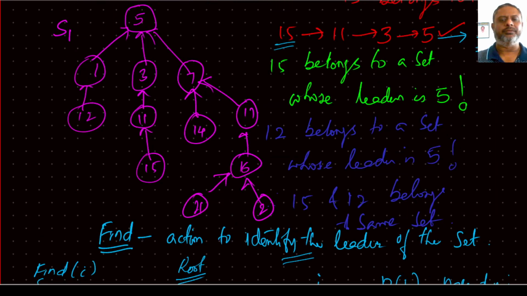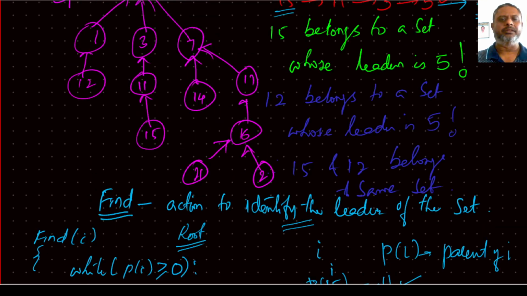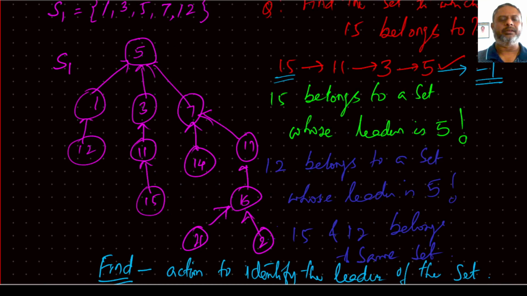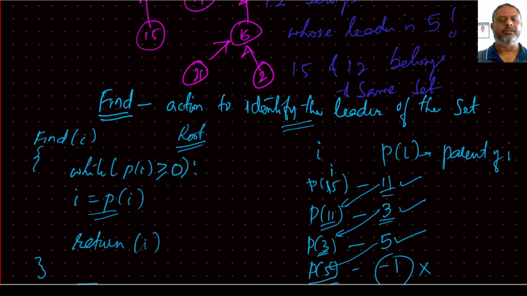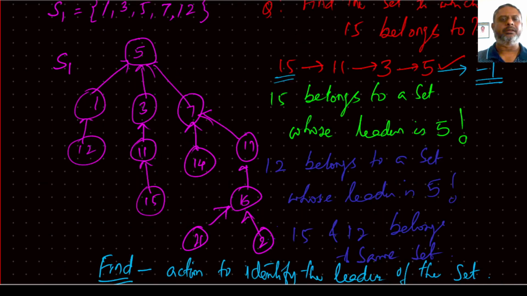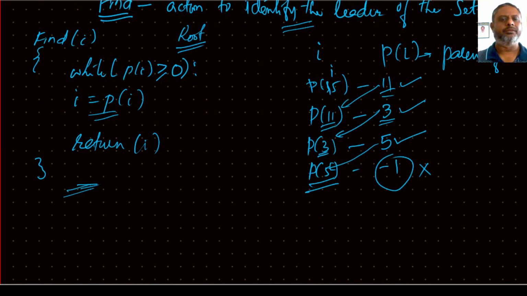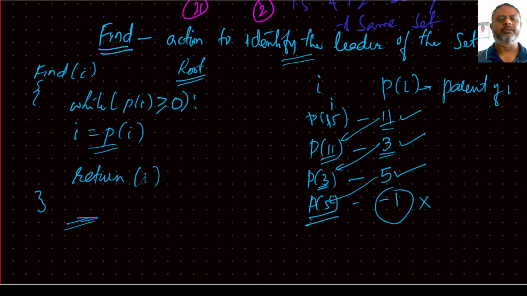If you are asked who is the leader of 2, then repeat this: 2's parent is 16, 16's parent is 17, 17's parent is 7, and 7's parent is 5, and there is no parent of 5. Therefore, we end this loop at I equal to 5. So when you ask for the root of 2, it will tell you that it is 5. That's the simple logic for identifying the root of any disjoint set.